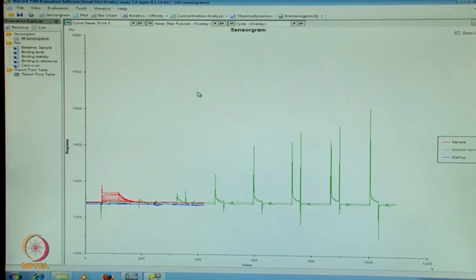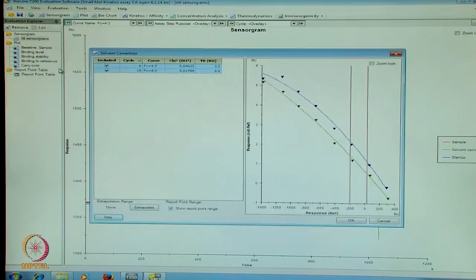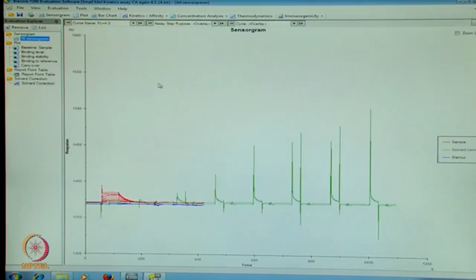In order to evaluate this data, we have to go into the evaluation, add solvent correction, and once the solvent correction data looks okay, say OK, and the data is now subtracted from the sensogram. From this again we go into the kinetic affinity mode, surface bound.